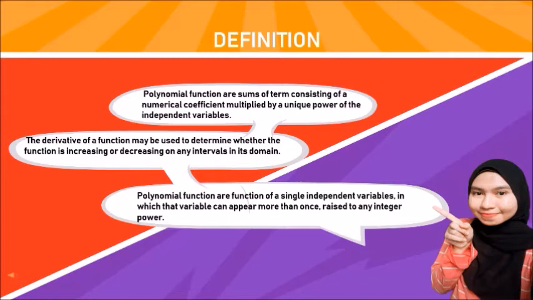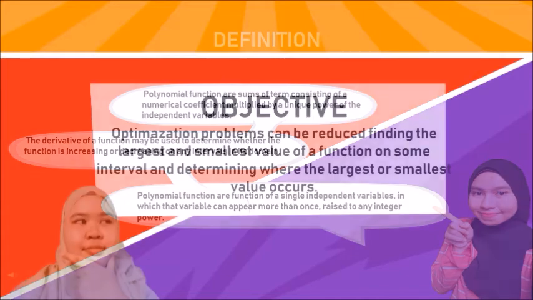The derivative of a function may be used to determine whether the function is increasing or decreasing on any intervals in its domain. Polynomial functions are functions of a single independent variable in which that variable can appear more than once raised to any integer power.